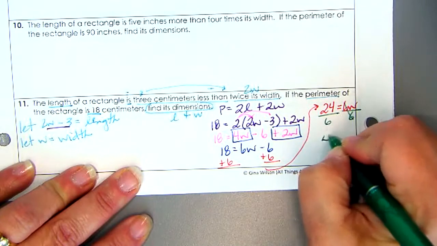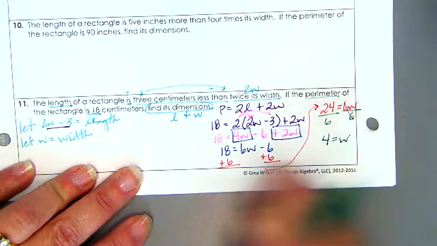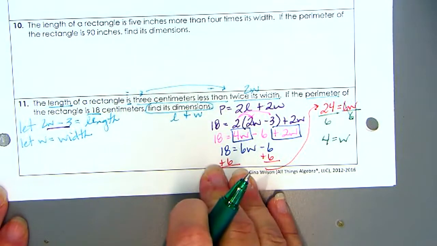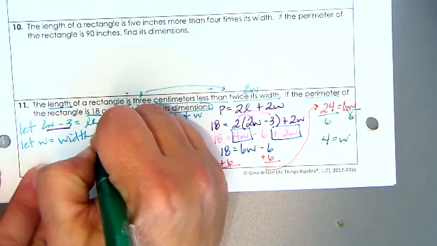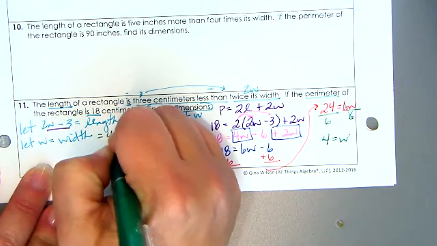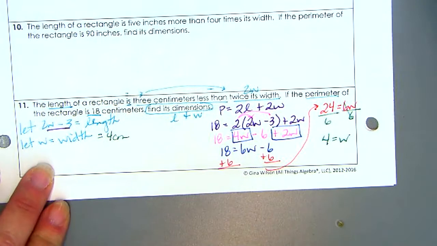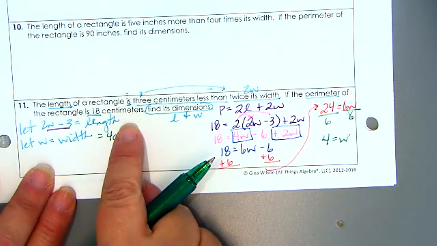And 4 equals W. It's talking about centimeters. So right now I know that my width is 4 centimeters. But I'm not finished because I need to also find the length.